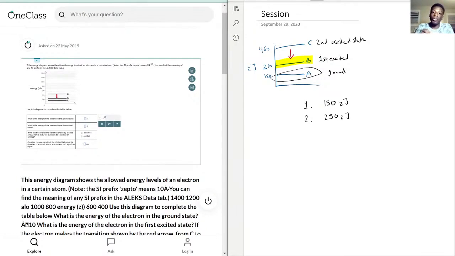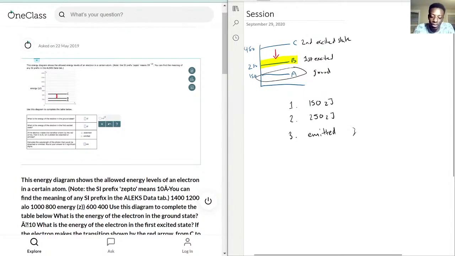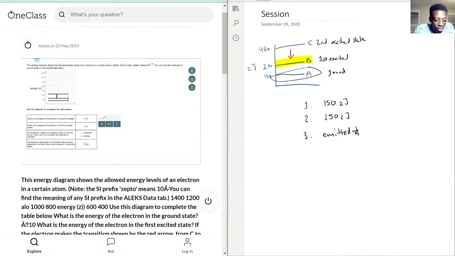Another word for release is emitted. So for part 3, the photon would be emitted. Now let's go over to the fourth part, which says calculate the wavelength of the photon that will be absorbed or emitted. We know it's being emitted. And it says round to 3 significant digits.